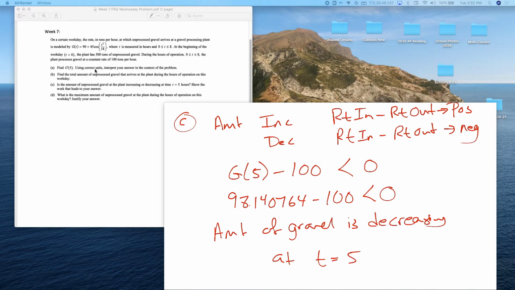And that information up there is going to give it to you. The work over here that you showed is going to give it to you.